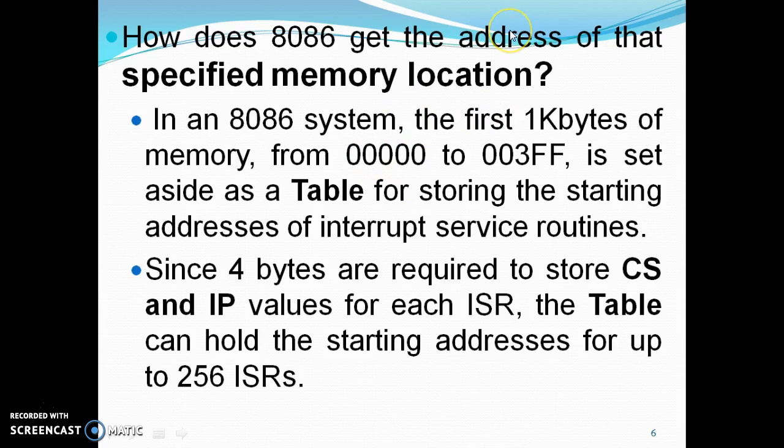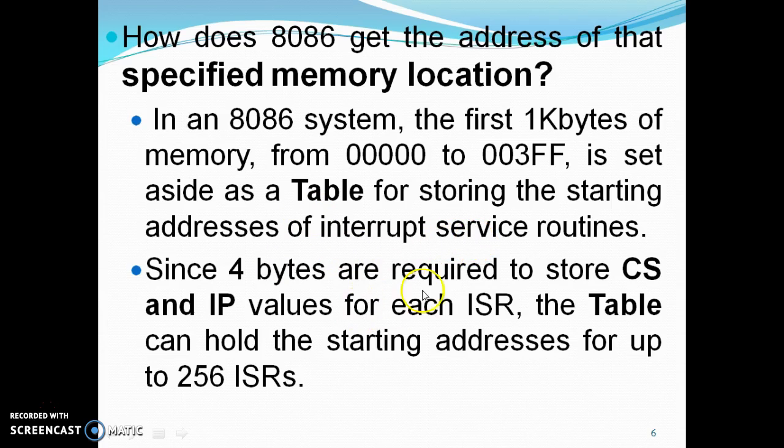Now how does the 8086 get the address of that specified memory location? In an 8086 system, the first 1 kilobyte of memory, that is from 00000H to 003FFH, is set aside as a table for storing the starting addresses of the ISRs.